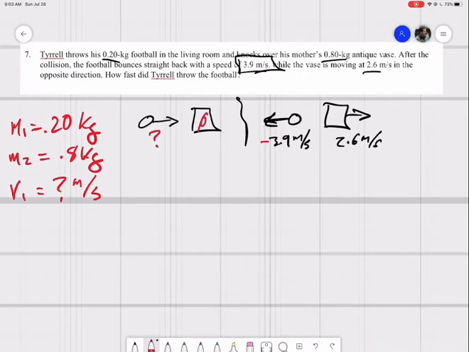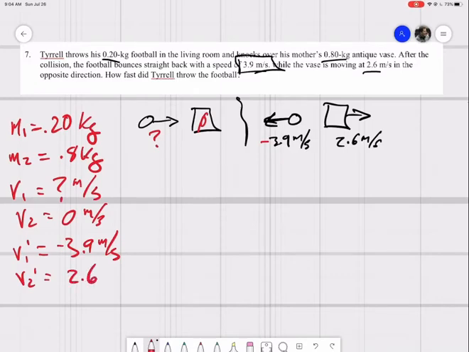Right here, it's sitting still. So that V2 is 0. All right. What else do we have? V1 primed is going to be negative 3.9 meters per second. And V2 primed is going to be 2.6 meters per second.